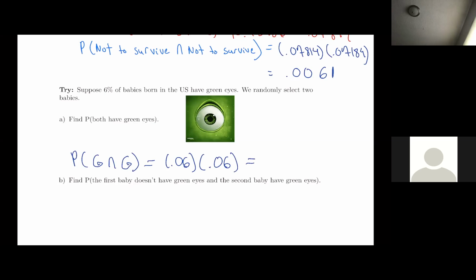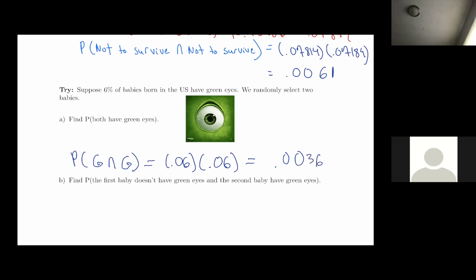When you multiply those two out, what do we get? What's 0.06 times 0.06? 0.0036. Perfect. All right, so that's A.